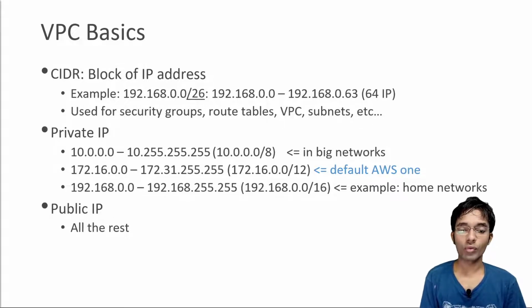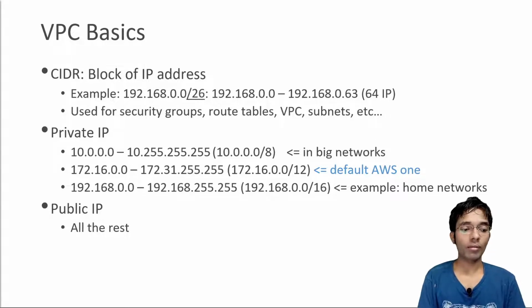And when we present the CIDR, it goes up to 192.168.0.0/16. So this represents the home networks, for example, the kind of thing you have using your home router. So these are the only possible private IPs you have. Anything else is going to be public IP. So this is all you need to know right now on the IP side.